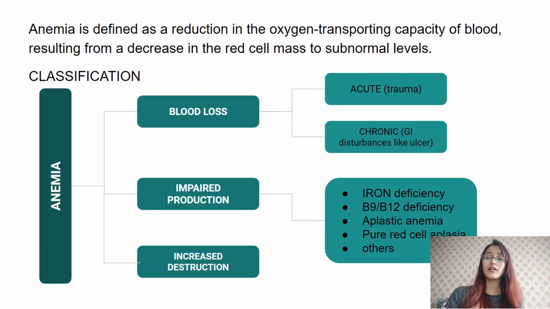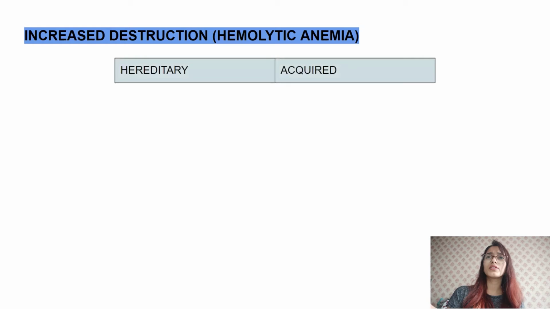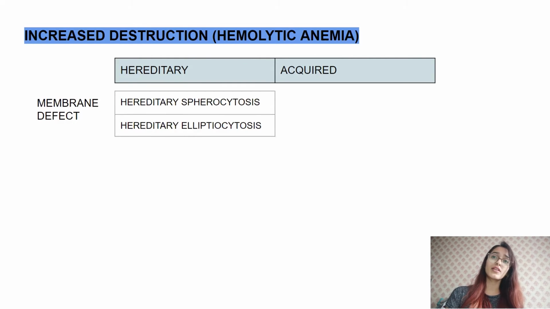Then let's discuss in a little detail hemolytic anemia. Hemolytic anemia can be hereditary or acquired. For hereditary, what can lead to hemolysis of red blood cells? It can be due to improper structure, for example membrane defects like hereditary spherocytosis or elliptocytosis.